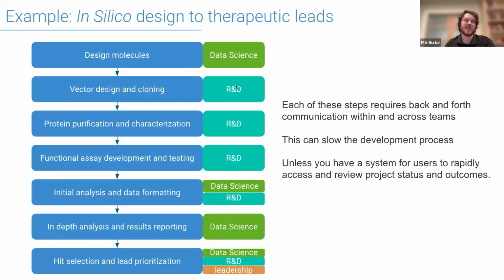So they talk to the R&D scientists about, oh, hey, we should clone these. And R&D scientists go back and forth on the cloning design. And then maybe they talk to a different group to do the protein purification and characterization, back and forth here. And then maybe it's a completely different group of researchers who are doing functional testing, like ELISA assays and things like that, to determine the actual effects of these molecules that you're building.